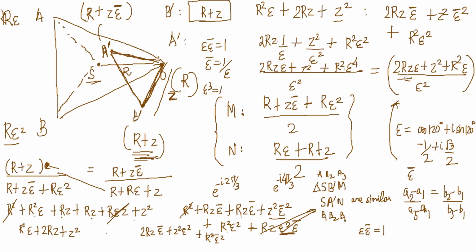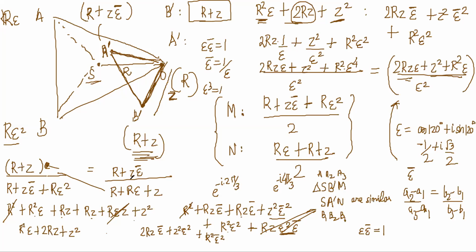Both the sides have the same term. These two terms are matching directly, but this term is the problem. I mean, maybe there is a mistake. I have not done it very nicely.